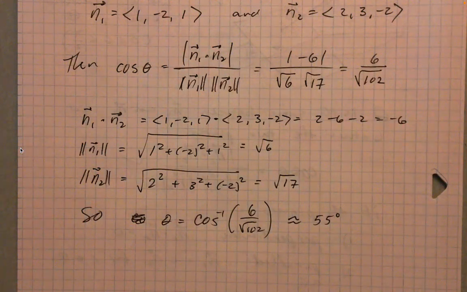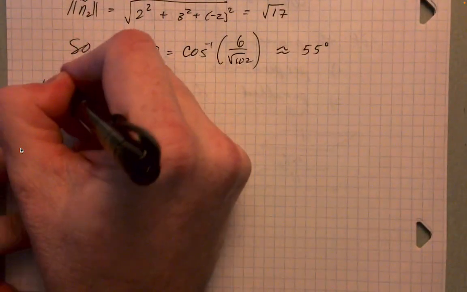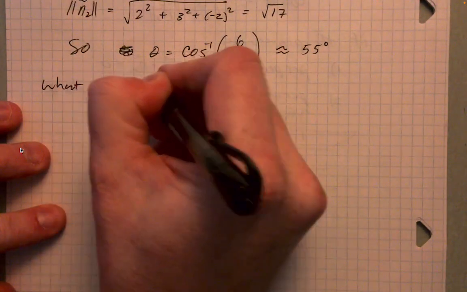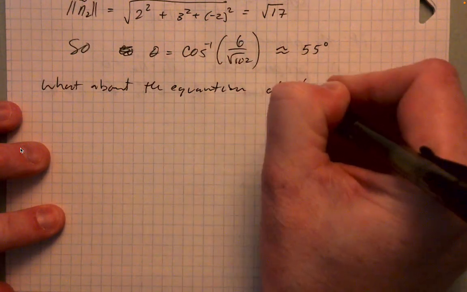All right, now what about the equation of the line of intersection for these two planes? What about the equation of the intersection line?